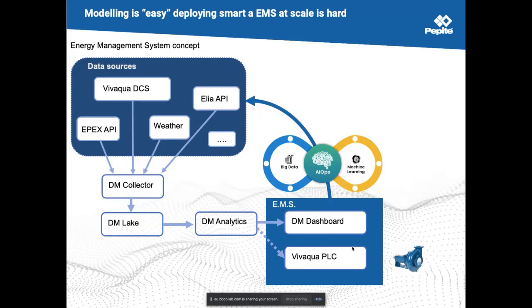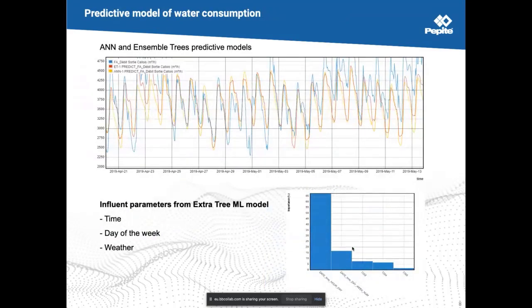So to give you a flavor of the results that we got in this project, this is, for example, a model that we built, and we used neural networks and ensemble methods to predict basically the requirement, the demand of water.